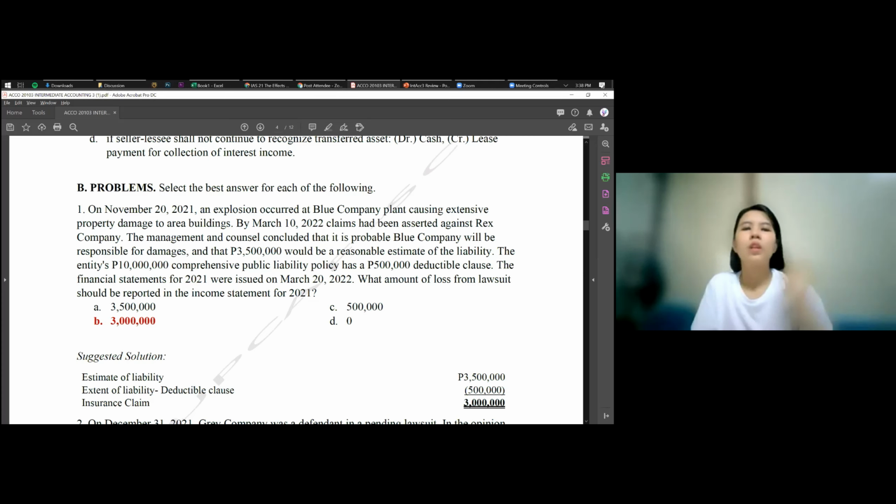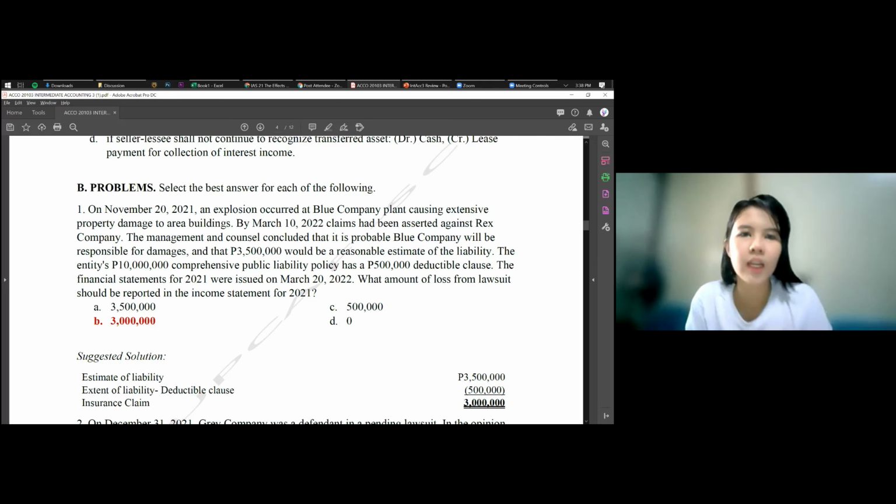So, ayan, sabi doon, meron siyang 500,000 na deductible clause. So, the financial statements for 2021 were issued on March 20, 2022. Okay, so umabot siya. What amount of loss from lawsuit should be reported in the income statement for 2021?